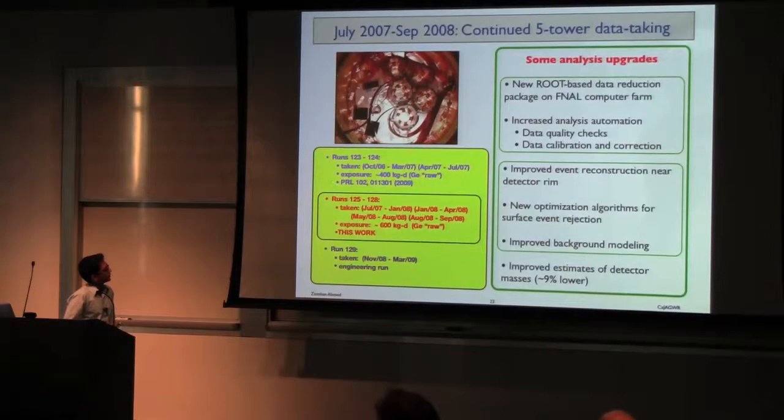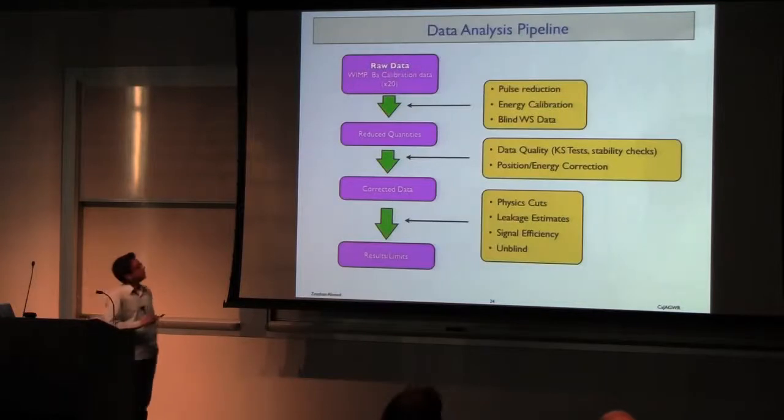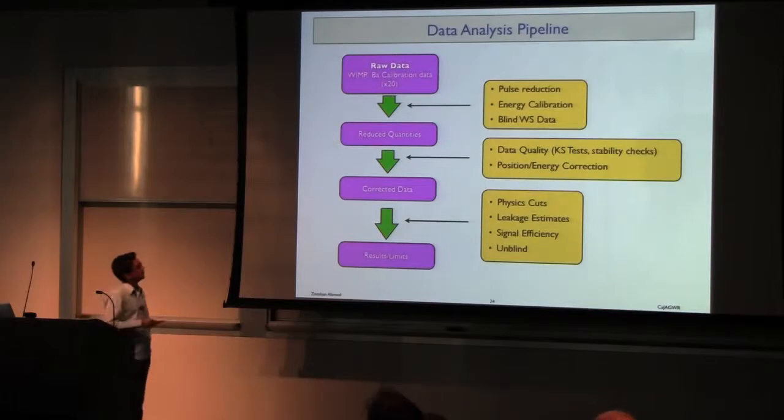So this was a previous run which resulted in the PRL. That was about 400 kilogram days of data, and so now we have 600 kilogram days of raw data in this particular result. So let me spend some time on the analysis pipeline. We get raw data. There's WIMP data, and then there's barium calibration data, where the quantity of the barium calibration data is 20 times our exposure in WIMP.